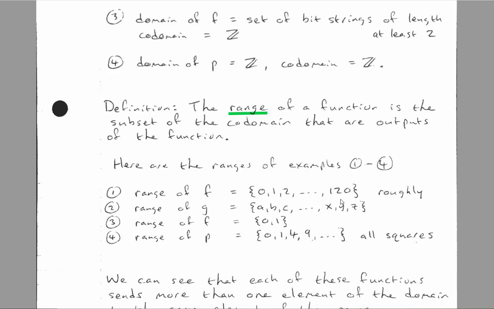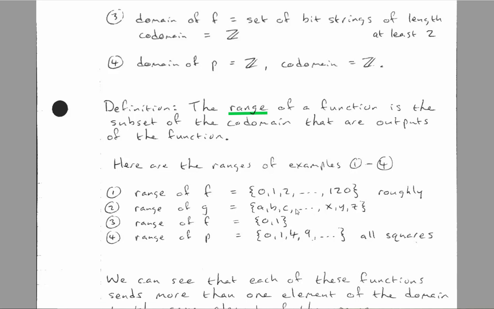I was looking up what the oldest age can be. It's maybe around 120. So for any person, if you put a person into that first function f, it gives you back a number between 0 and 120 roughly. So that's the range of that first function f. The range of g is easy. That's any letter.